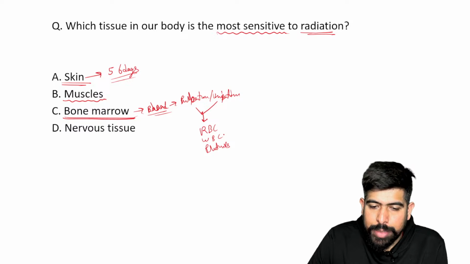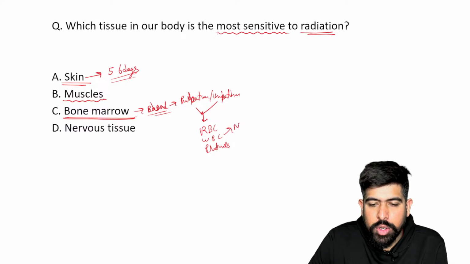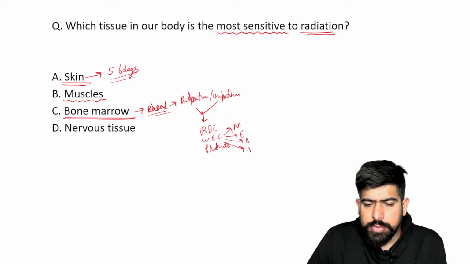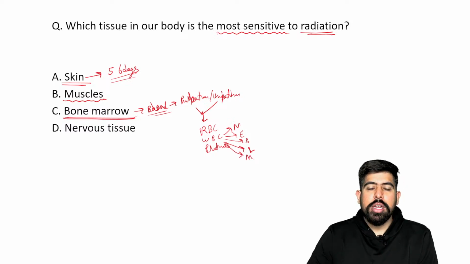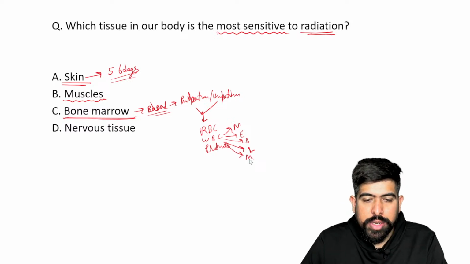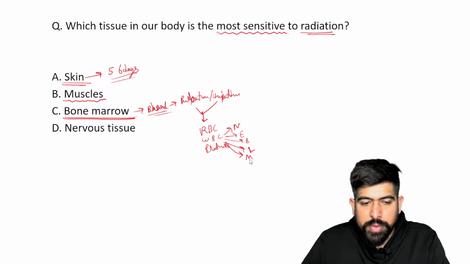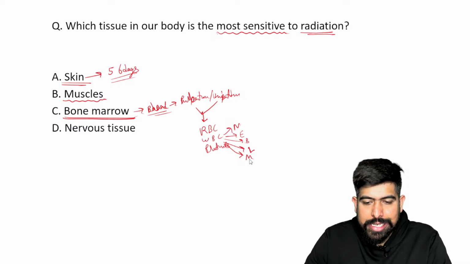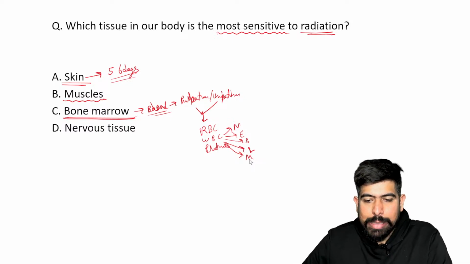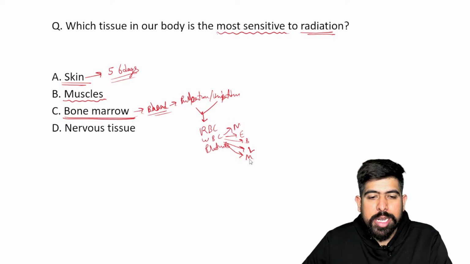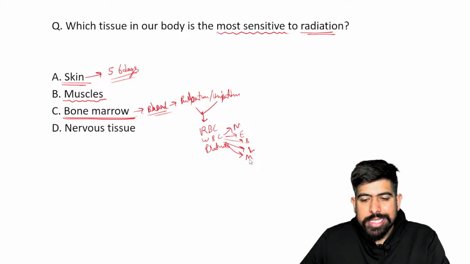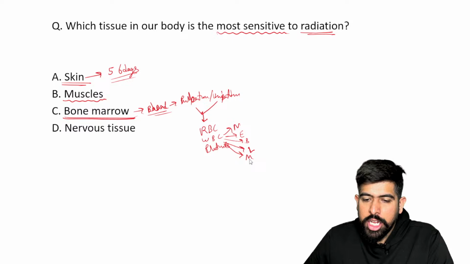All the types of WBCs, neutrophils, eosinophils, basophils, lymphocytes and monocytes, are also derived from there only. So please remember which is the stem cell. Exactly, that is the stem cell in the bone marrow, and the stem cell has pluripotent and unipotent cells.